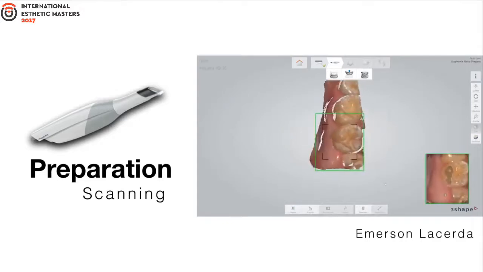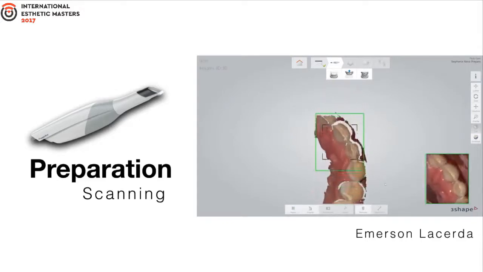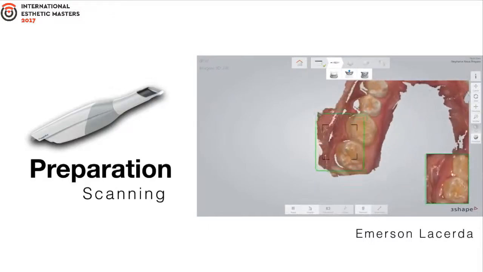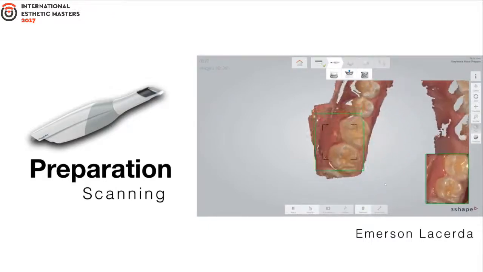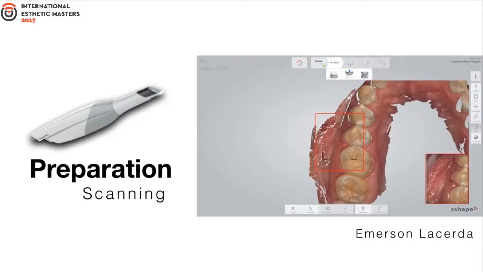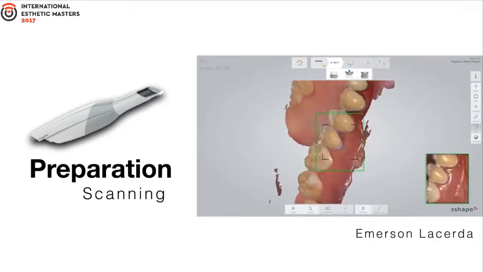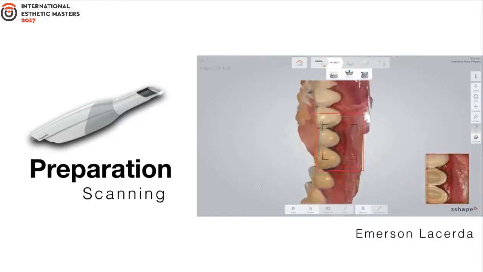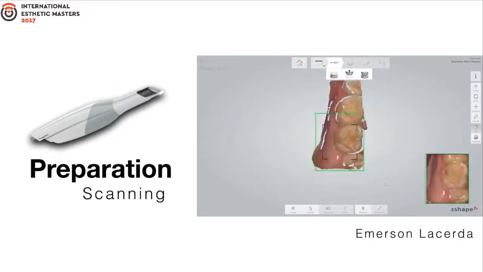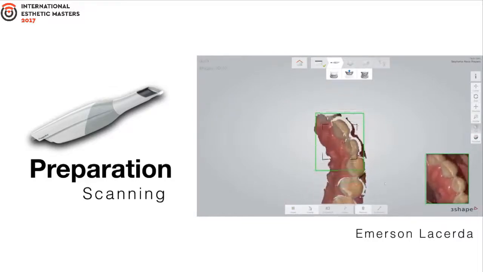In the first one, the dentist used the double scan tool to send both the prepared teeth and the final smile design file to the lab. Here, in the outsourced smile design workflow, the dentist only needs to scan the prepared teeth and send only this file to the lab.